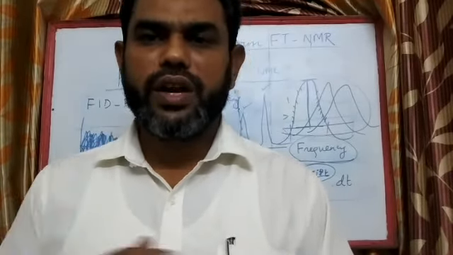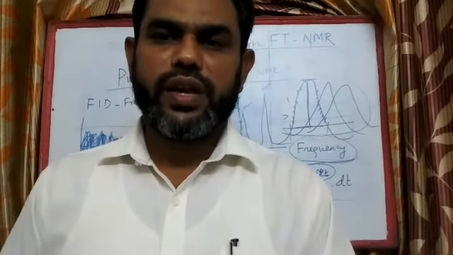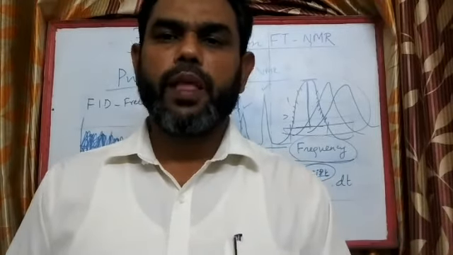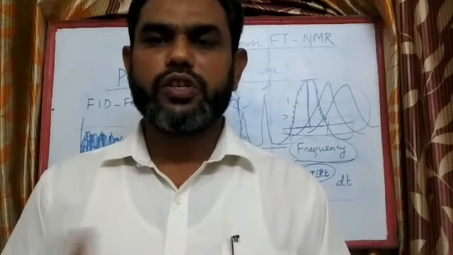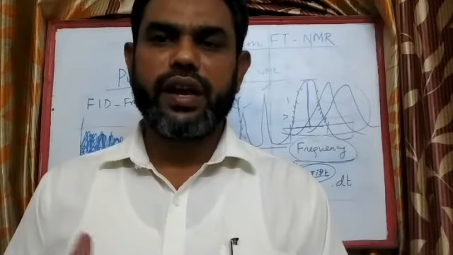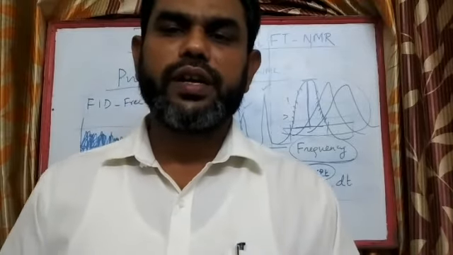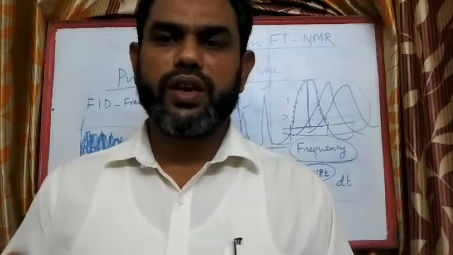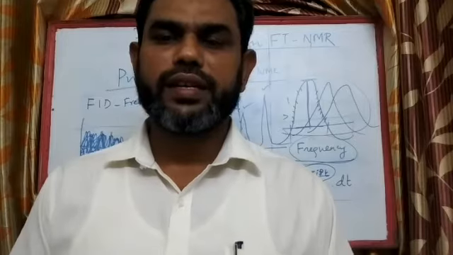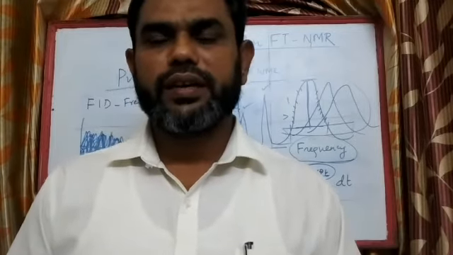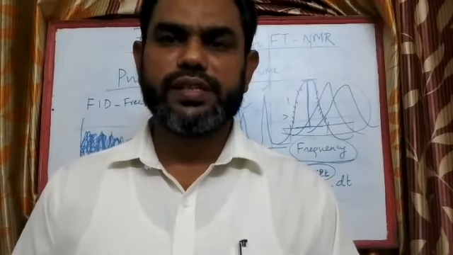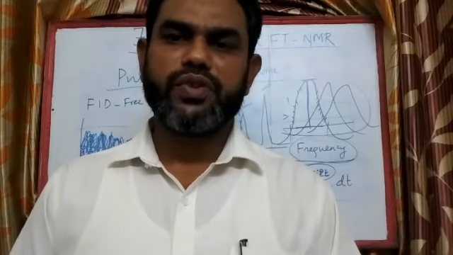The signal to noise ratio, S by N ratio, should be minimized in order to get a good spectrum. The noise arises out of the amplifier in the NMR spectrometer, which superimposes the noise one over the other. As a result, the spectrum loses its features.